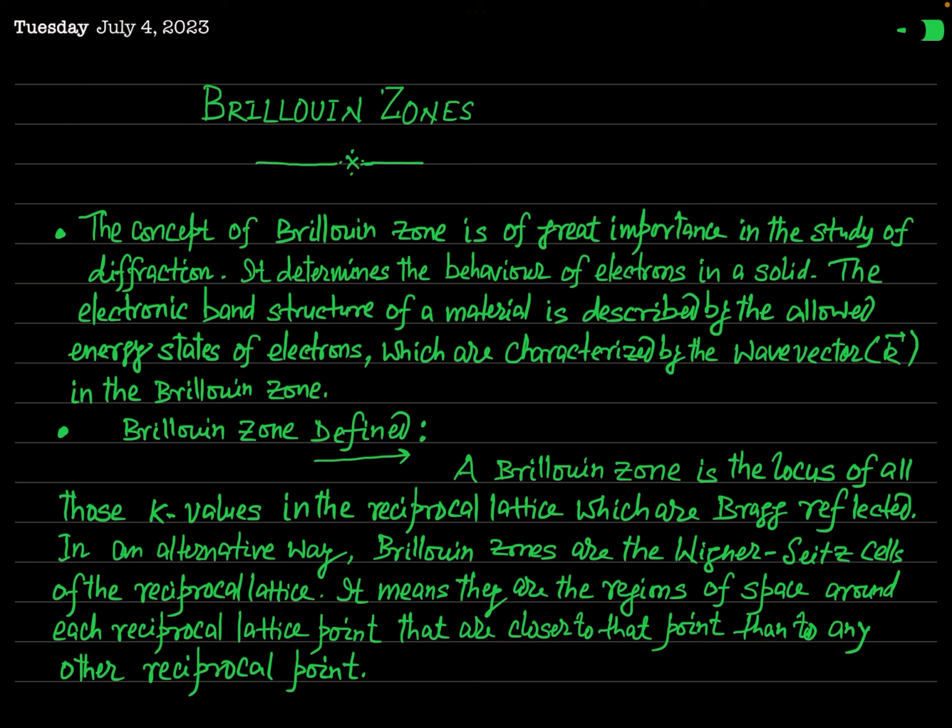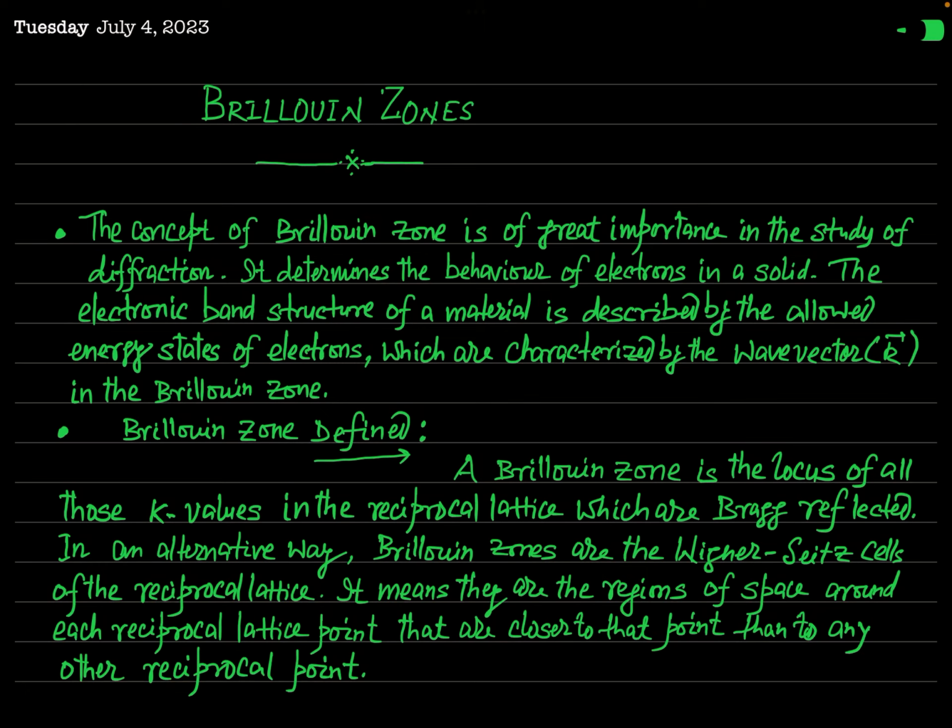So whenever you talk about the Brillouin zone, you have to think about the reciprocal lattice space, or you can say the Fourier transform of the direct lattice space, and in that case we can discuss this Brillouin zone.